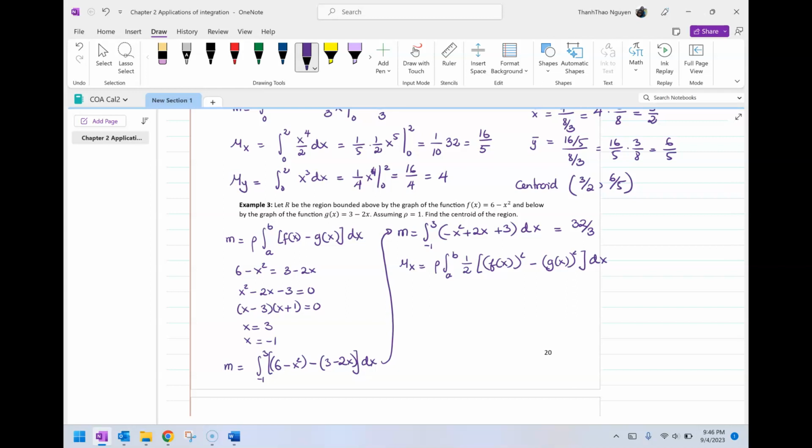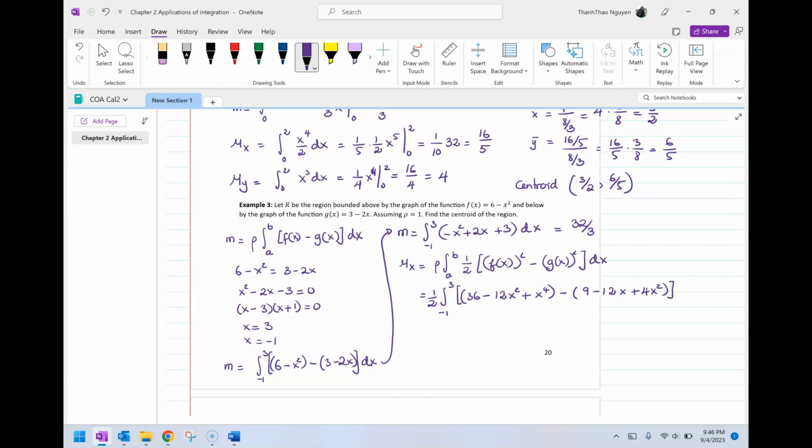Okay. So let's go ahead and put everything we have into this formula. We know that the integral is from -1 to 3. We take the 1/2 out front. F of x squared is equal to 36 minus 12x squared plus x to the 4, minus g of x squared. G of x squared is 9 minus 12x plus 4x squared.